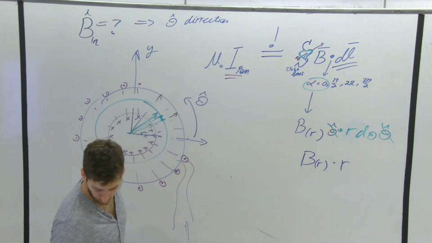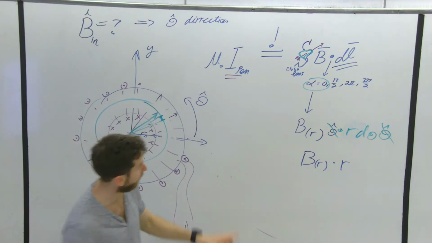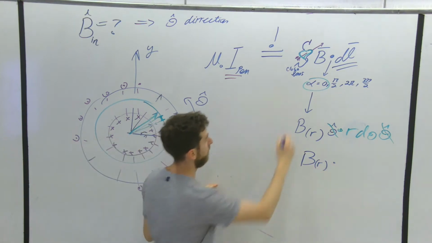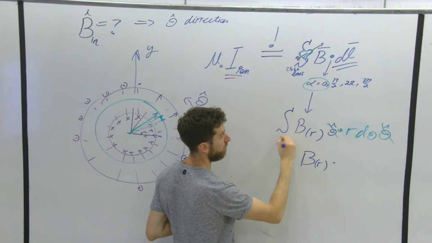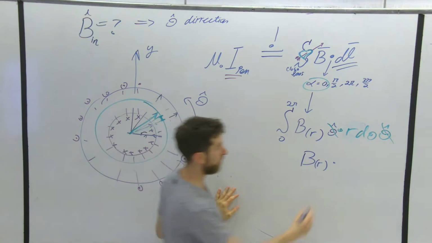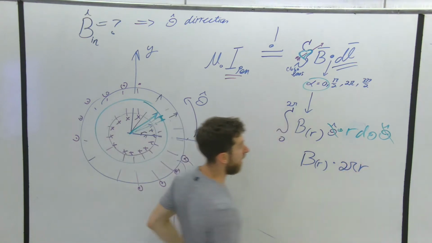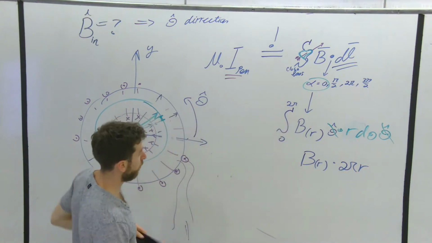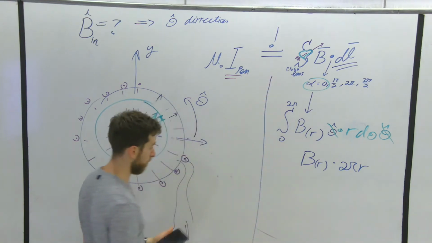And we did the integral, right? Don't forget about the integral. It's running from 0 to 2 pi, which means a full circle. So we actually end up here with 2 pi r. Perfect. So we have the left-hand side of the equation.